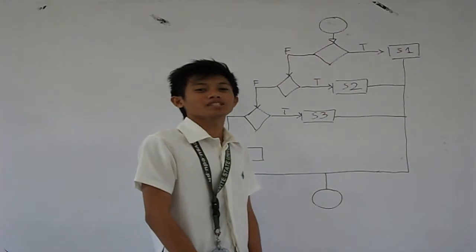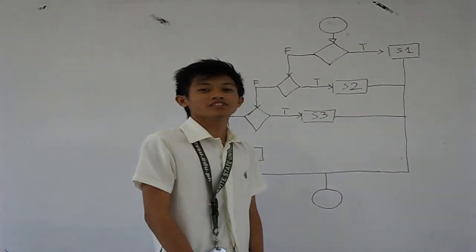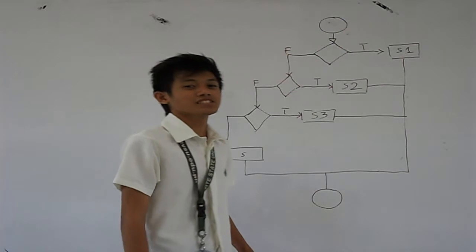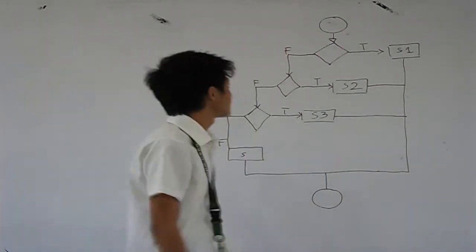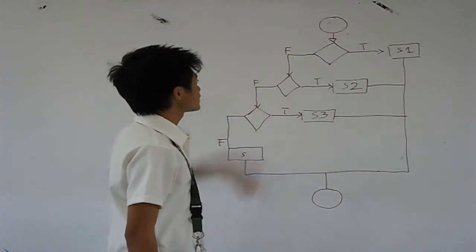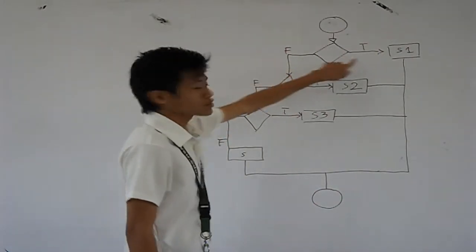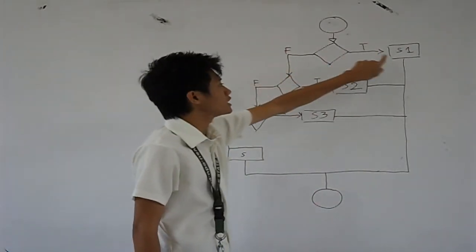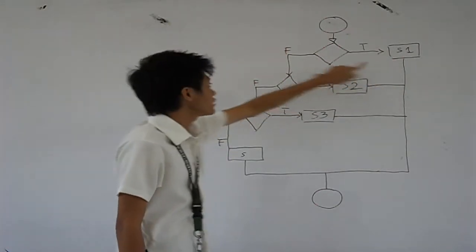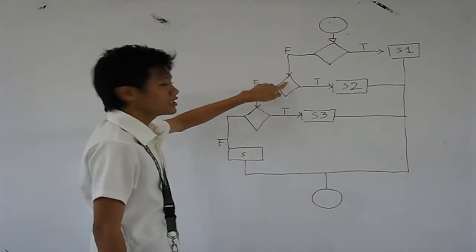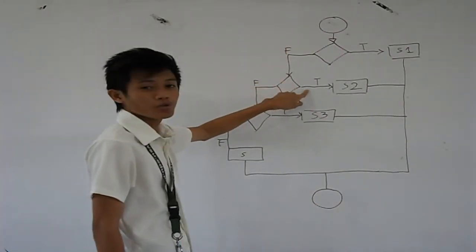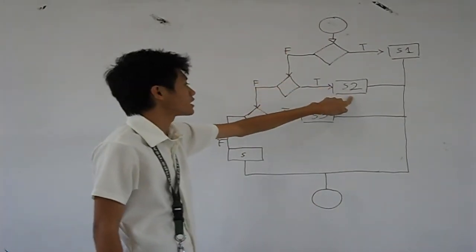The multiple-way selection structure or the if-else-if. The if-else-if is the three or more selection structure. In this flowchart, if the condition is true, you will execute the first statement. If it is false, you will make another condition. And if the condition is true, you will execute the second statement.